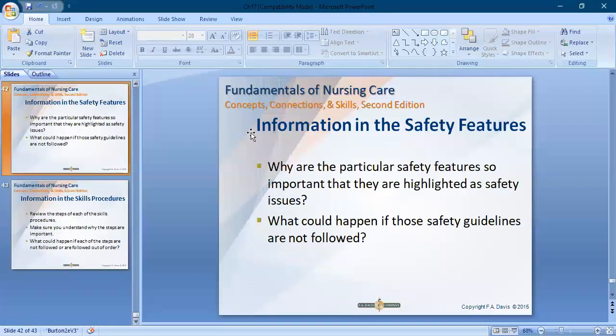Now they're talking about the information on the safety features, why a particular safety measure is most important. A safety measure is important to stop the spread of infection, an easy way. What could happen if those safety guidelines are not followed?